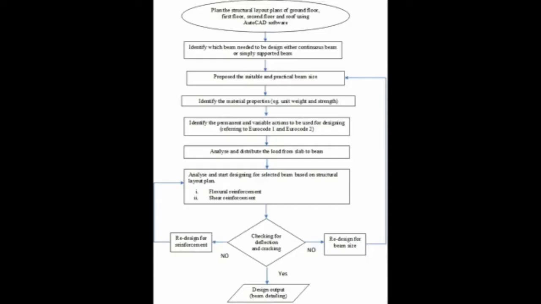Next, we should also analyse and distribute the load from slab to the beam. After that, we analyse and start designing the selected beam based on the structural layout plan, which is flexural reinforcement and shear reinforcement. Next is checking for deflection and cracking.